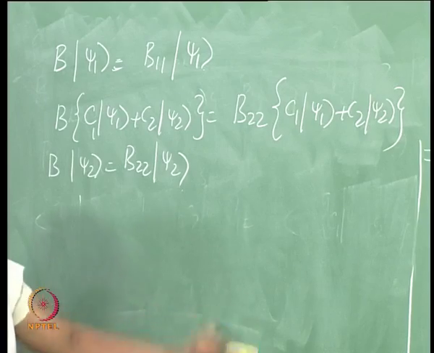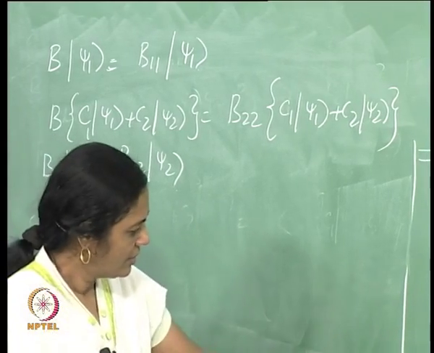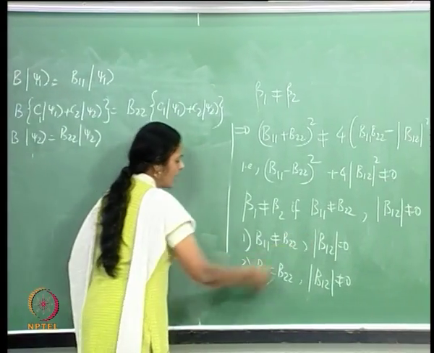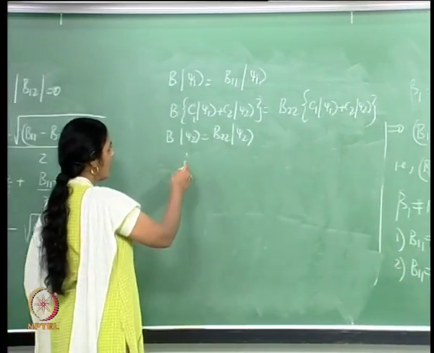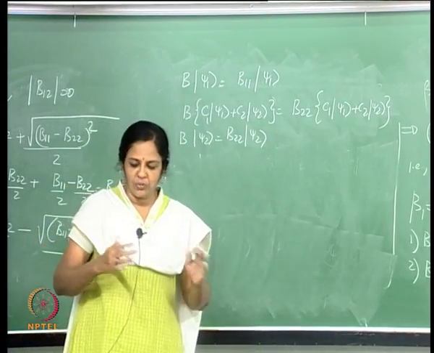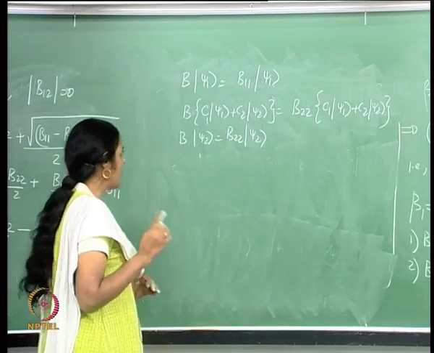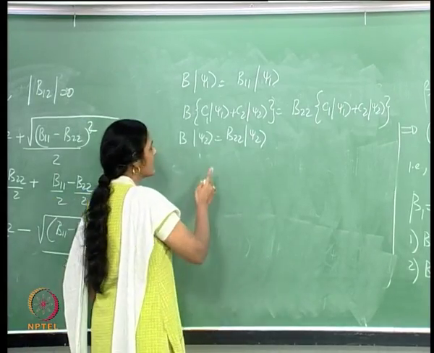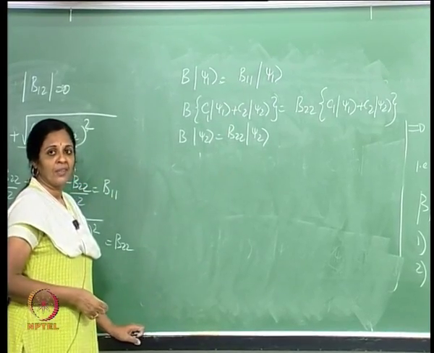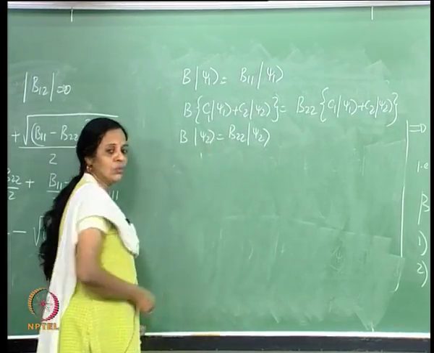I have looked at a very specific case where B11 is not equal to B22 and B12 is equal to 0, and I have shown that there are two eigenvectors psi 1 and psi 2 which are eigenvectors of B, except that the degeneracy is now lifted. One of them comes with eigenvalue B11 and the other comes with eigenvalue B22.